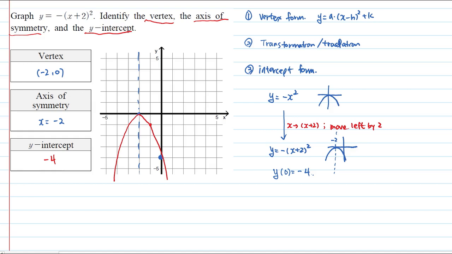Now let's try intercept form. Now intercept form will be interesting. Okay, we're trying to graph y is equal to negative (x plus 2) squared. That's what we want. But for now, let's try to graph y is equal to negative (x plus 2) times x.